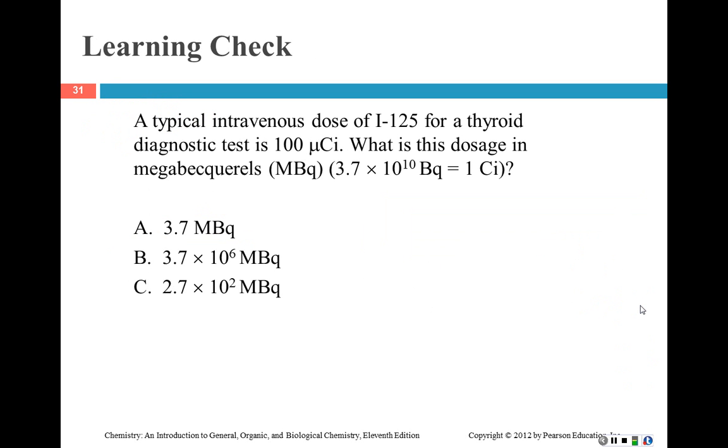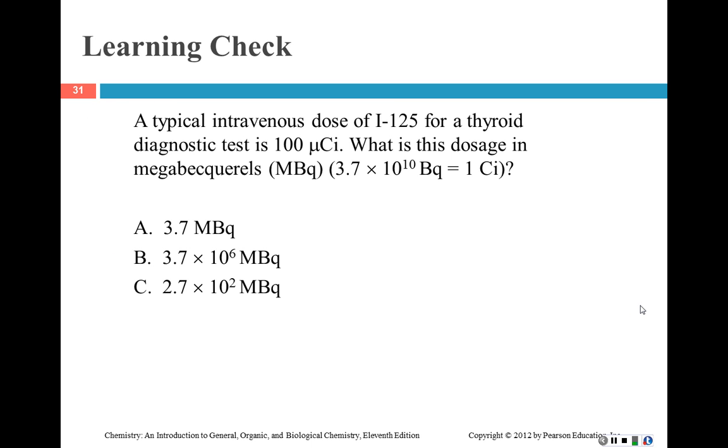All right, let's work a quick problem. This is a typical thing that you might see, a typical intravenous dose of iodine 125. Iodine is used for thyroids because the iodine collects in the thyroid. Your thyroid hormones all have iodine in them.